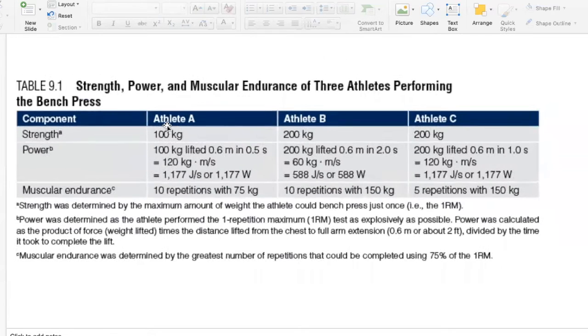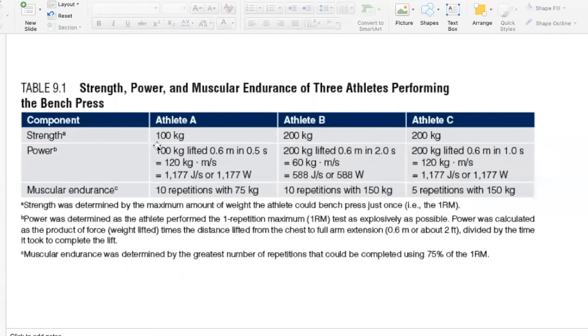So it could be the case that my younger athletes, an athlete who only weighs 50 pounds, might be less strong than my older athletes, but because that athlete is able to move quickly, that younger athlete who's not as strong could be just as powerful as an older athlete.